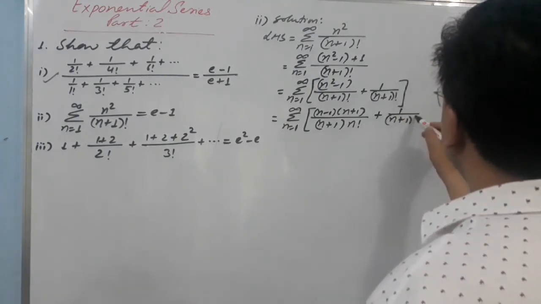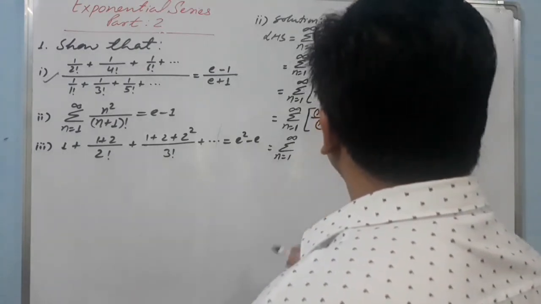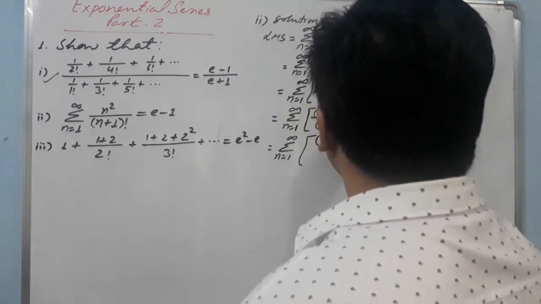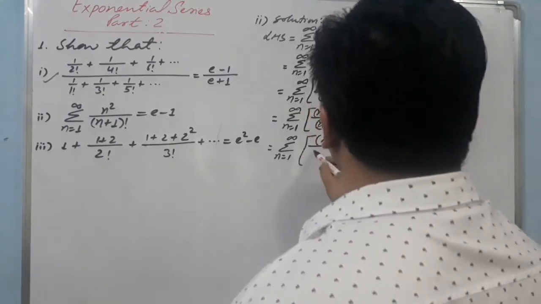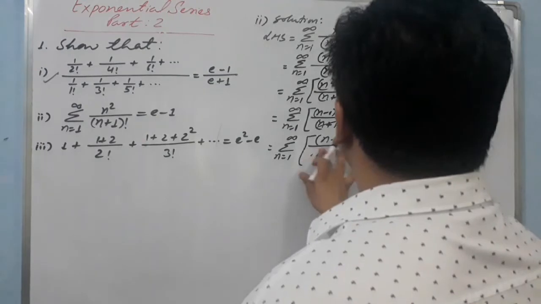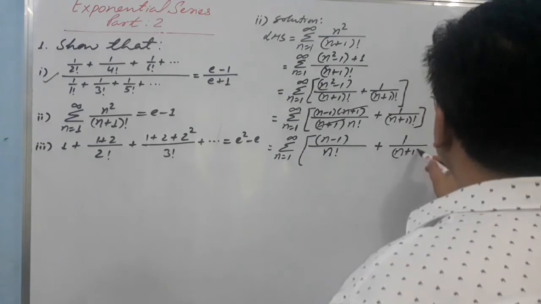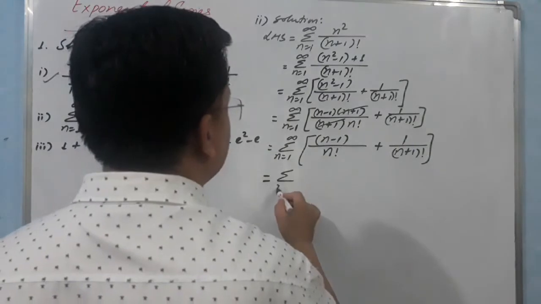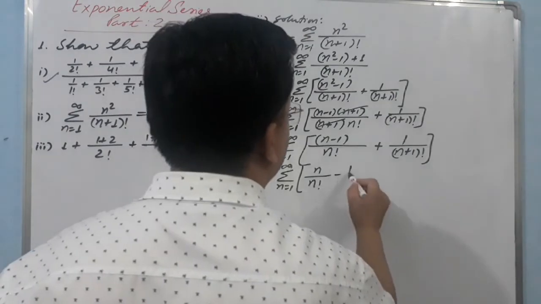Over (n + 1) factorial, it is equal to sigma n = 1 to infinity, cancelled, and here we got (n - 1), they can be cancelled. Here n factorial, again n factorial, we can expand, so write down only n factorial, then I'll tell you the next step, (n + 1) factorial here. Now we can write this upon this separately, it will be easy to simplify.